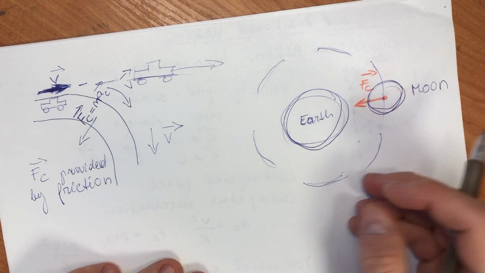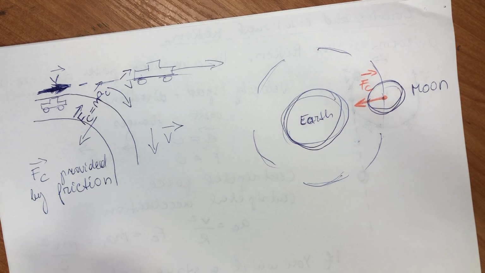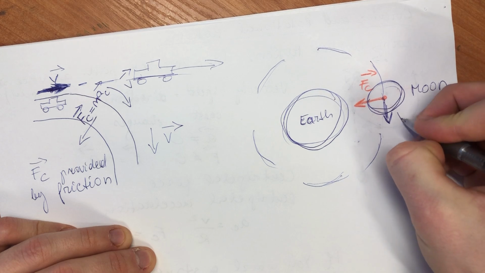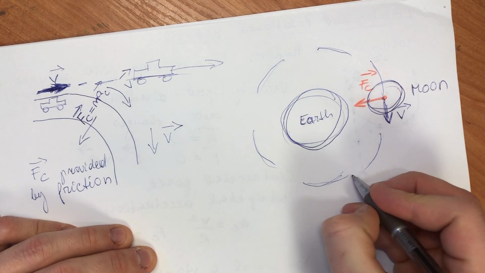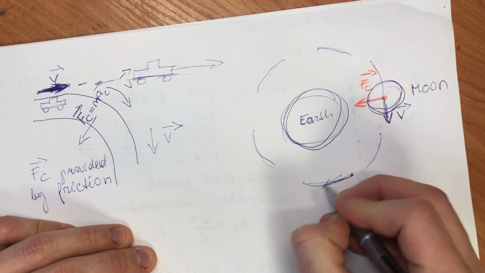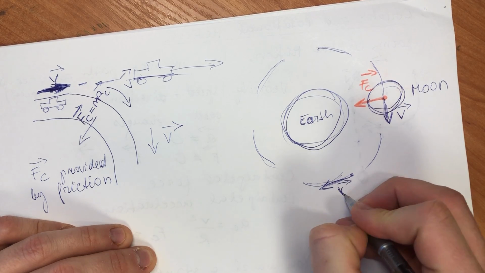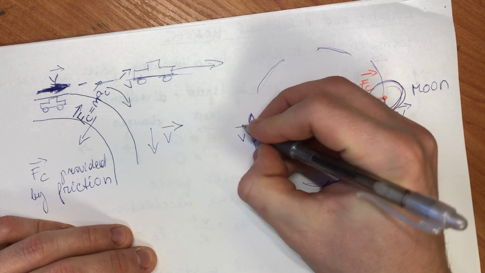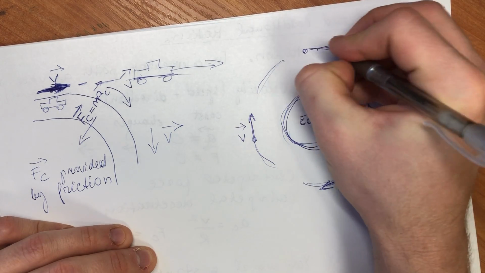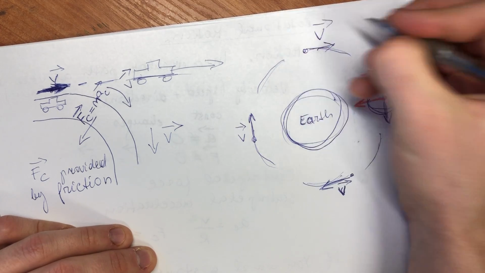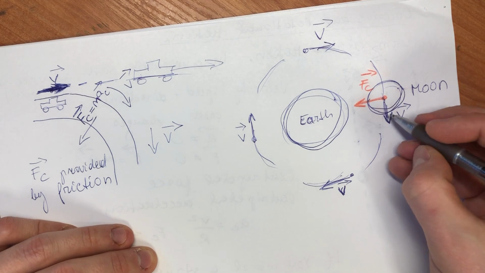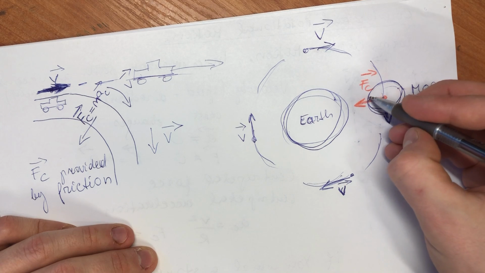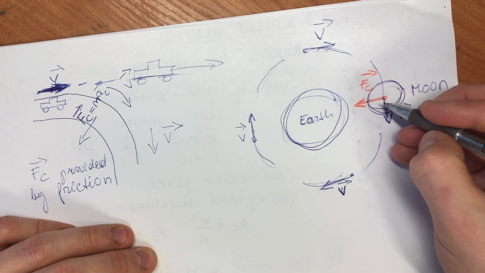The speed, as we have shown in the previous picture, of the moon is going in this direction, here it goes in this direction, and here it goes in this direction. Imagine if, here at this point, this centripetal force disappears, what happens to the moon?